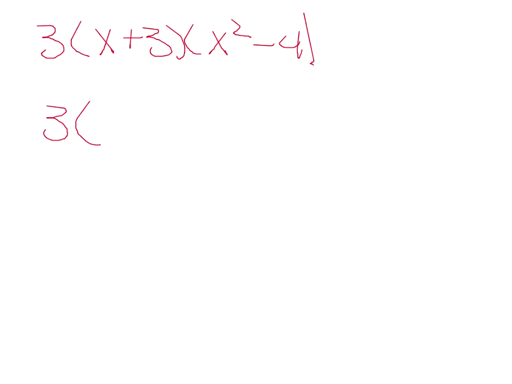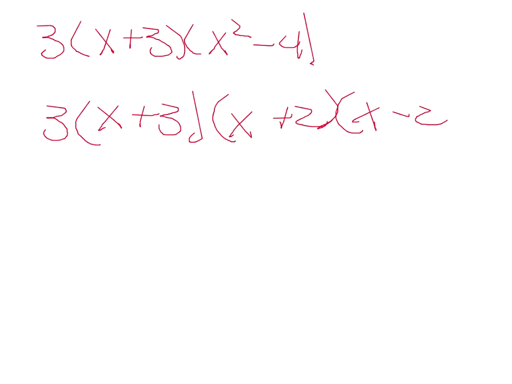So I'm going to go to the next page. I get 3 times x plus 3, x squared minus 4. So that stays the same. And then I factor x squared minus 4 into x plus 2, x minus 2.